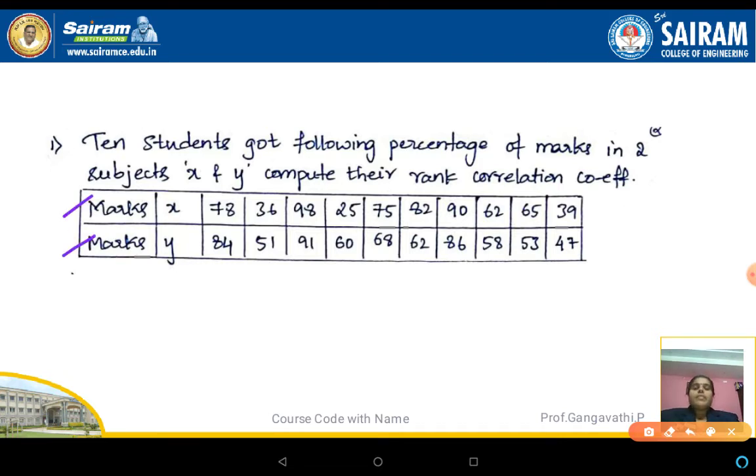Student 1 has got this mark in one subject and this mark in the next subject, and likewise data for 10 students has been given for us to evaluate the rank correlation coefficient.